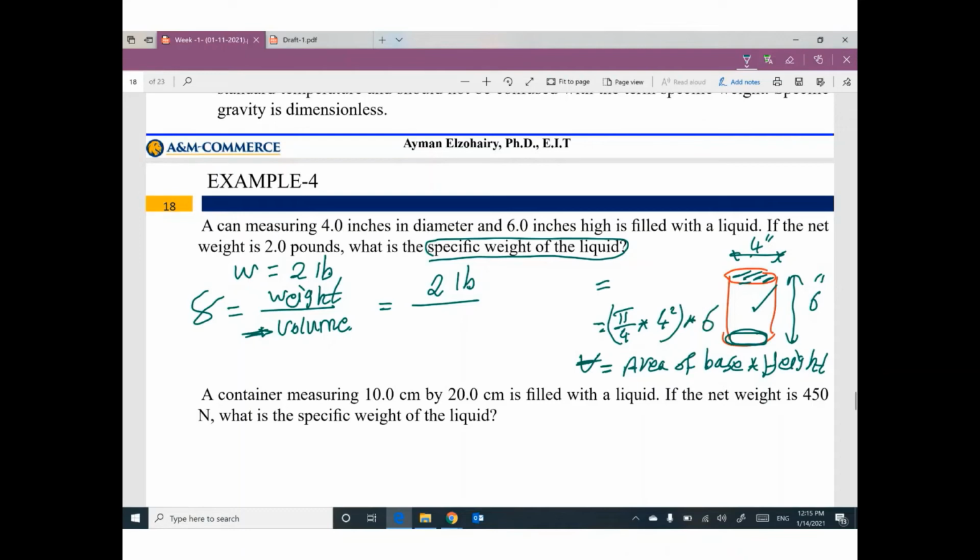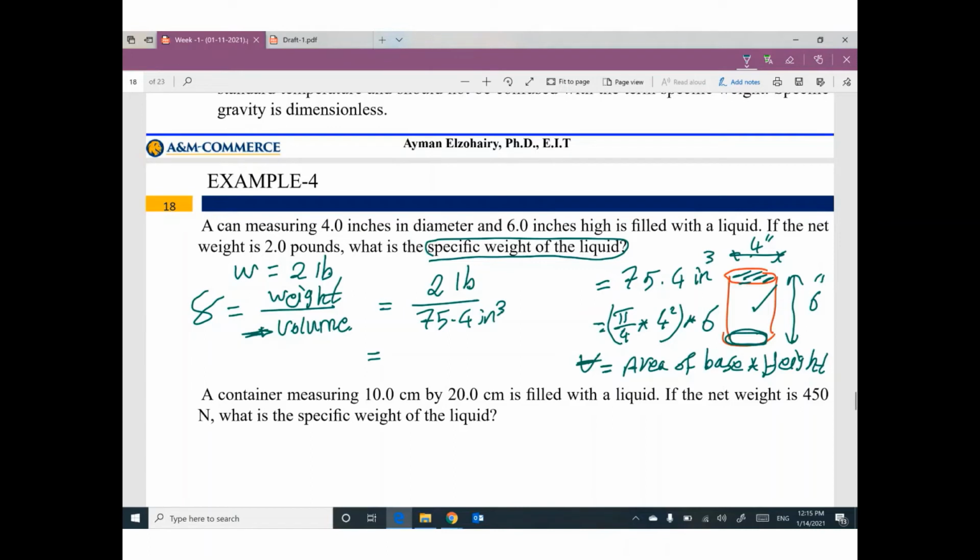I believe I can figure out the volume. This volume will be pi divide 4 times 4 square, times 6. This number will be 75.4 inch cube. It's a volume. So please put your volume here, 75.4 inch cube.